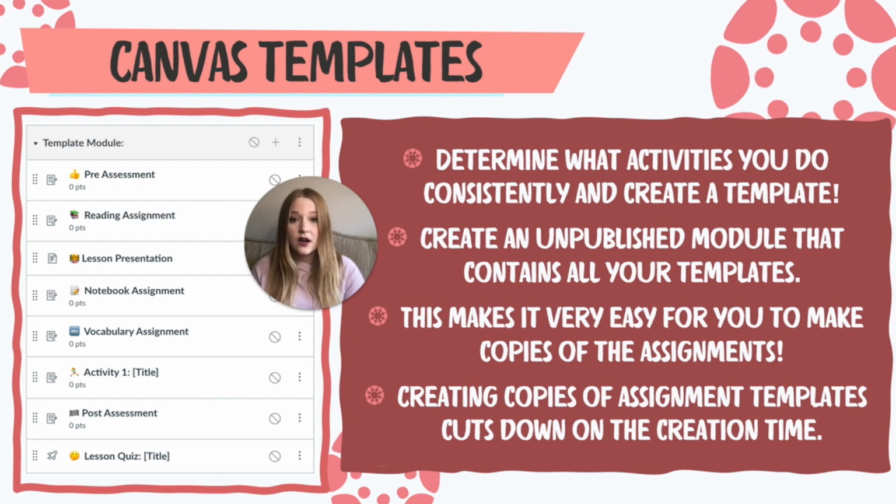If I decide, no, we're going to actually do an activity today, I would then copy that activity and insert all of my specific directions and information, and I'm pretty much done and ready to go. So creating copies of the assignment template ultimately cuts down on that precious teacher time that we all have.